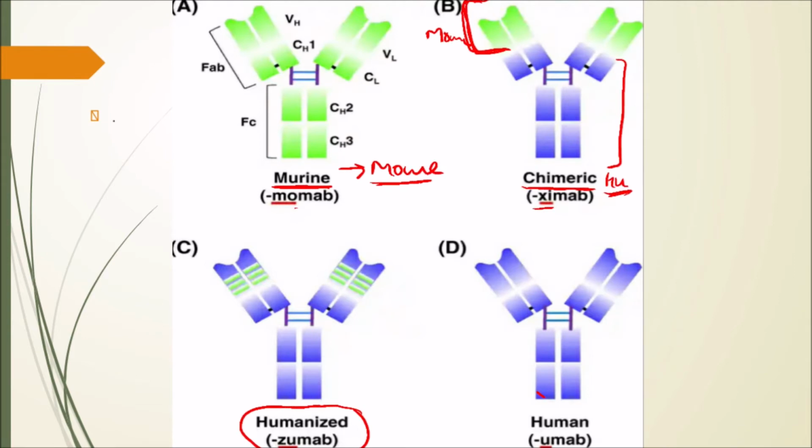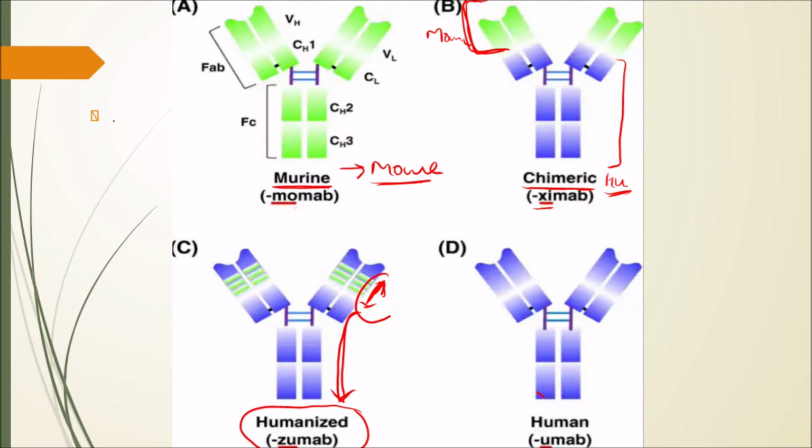Okay, remember these things. What happens in humanized monoclonal antibodies? In humanized monoclonal antibodies, only the CDRs are from the mouse, and the leftover constant region is from the human. Okay, the leftover part is from the human.